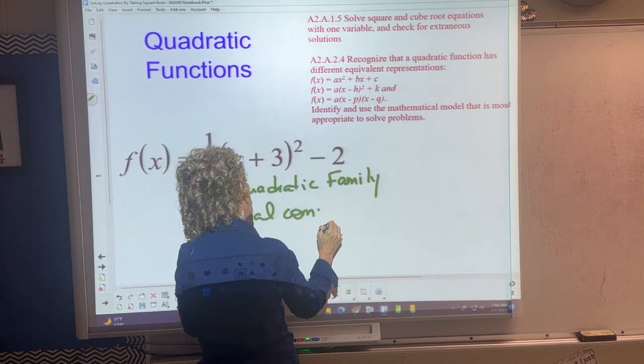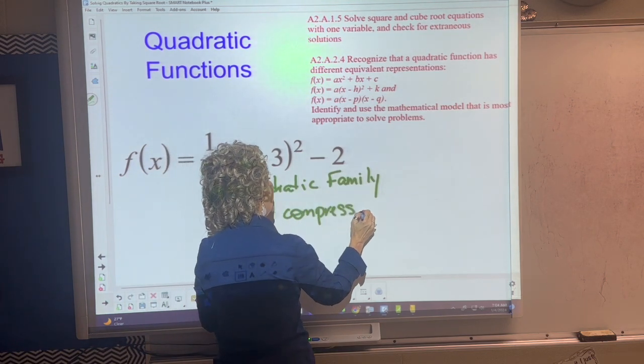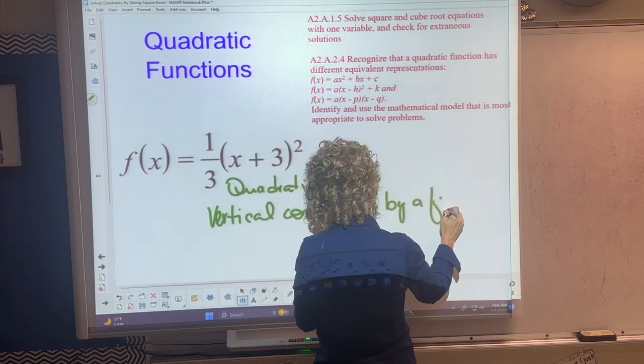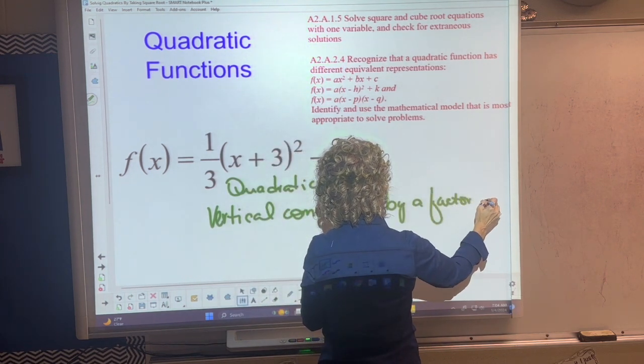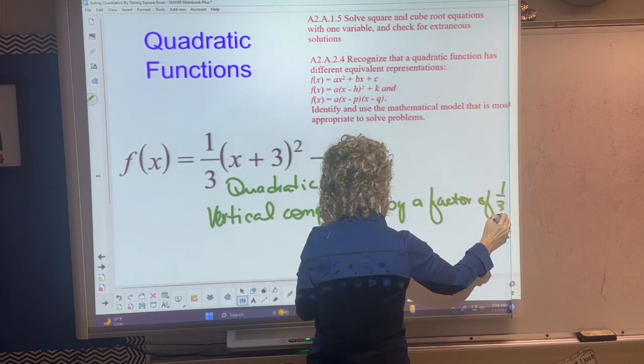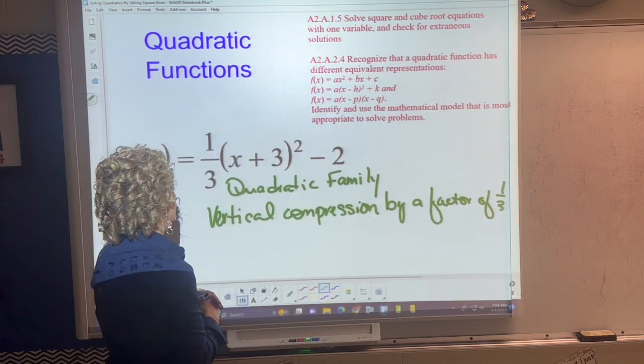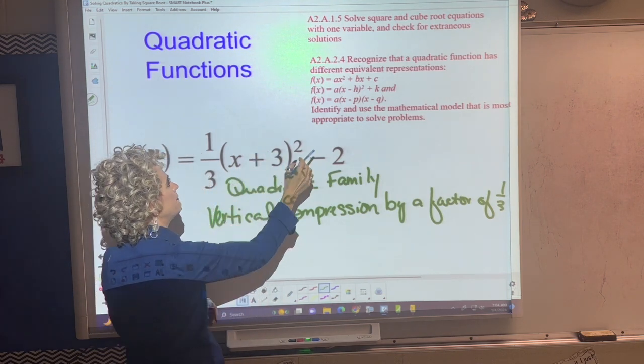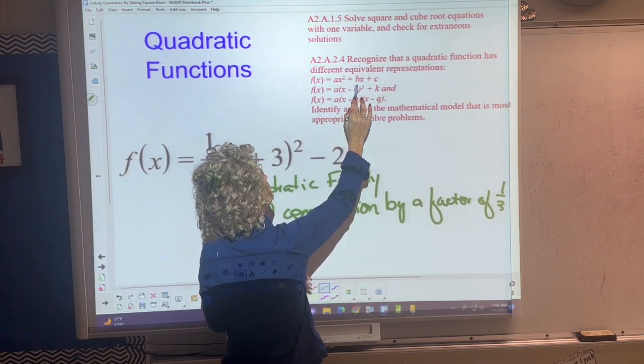We have a vertical compression by a factor of 1/3. The very next thing we see is that +3, and if we remember, it's x minus h.